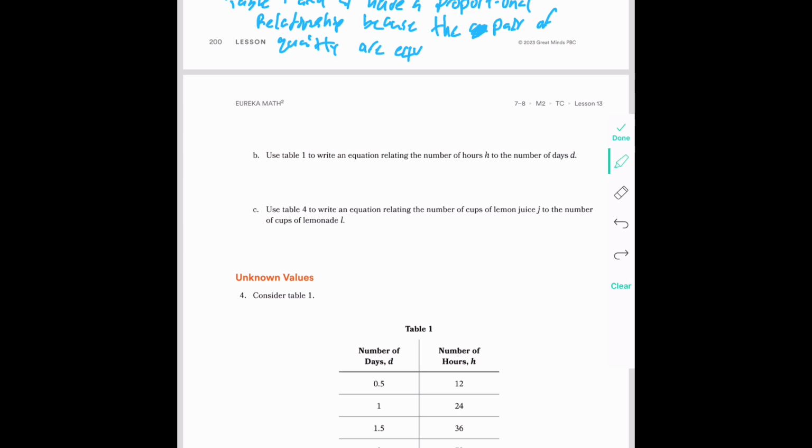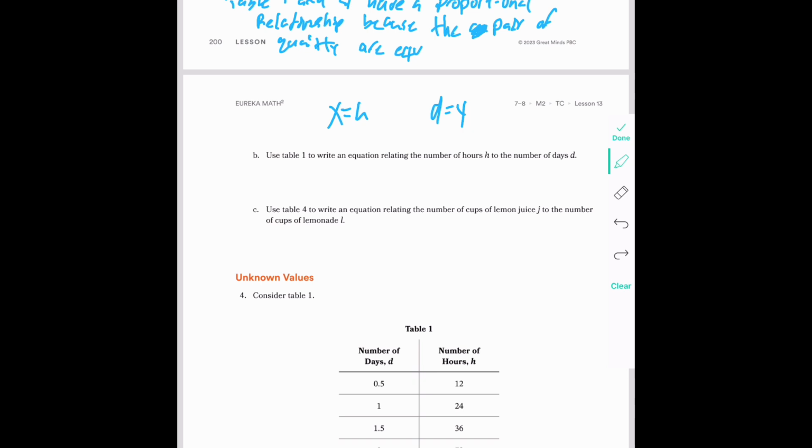Part B says use table 1 to write an equation relating the number of hours to the number of days. Okay, so if we're looking at table 1, hours is X, because that's what I called it, but are equal to H, and days, or D, is equal to Y, we had to do something to X to get Y. What did you see me do, or what did I say we could do?